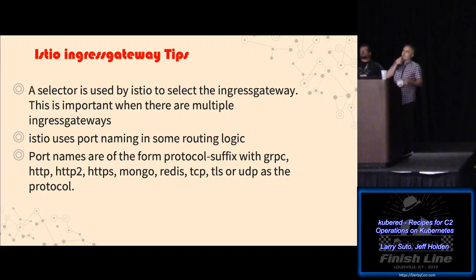So just some tips on Istio Ingress Gateway. We have selectors used by Istio to select the Ingress Gateway. So basically, when you create a virtual service to do the routing rules, you'll want to select which Ingress Gateway you're going to receive the traffic from.